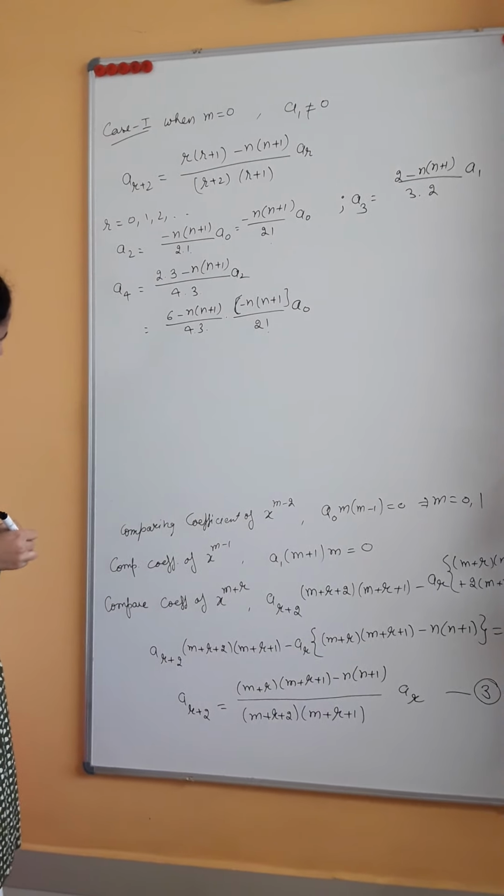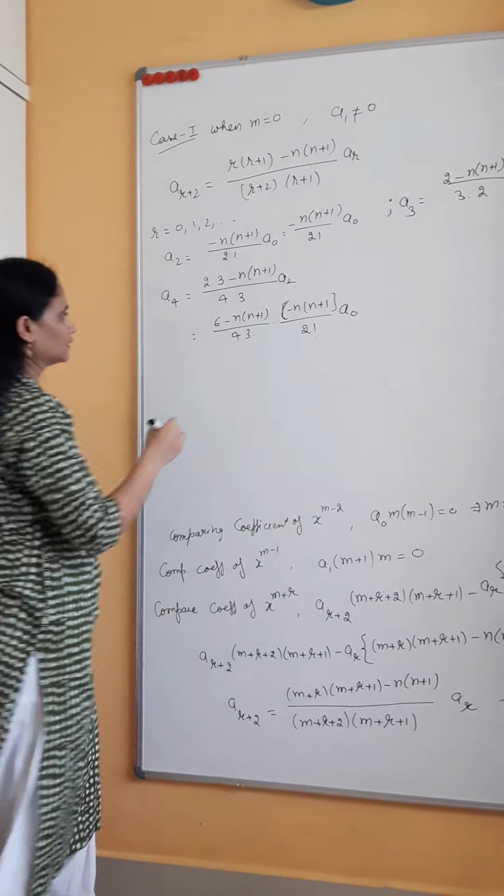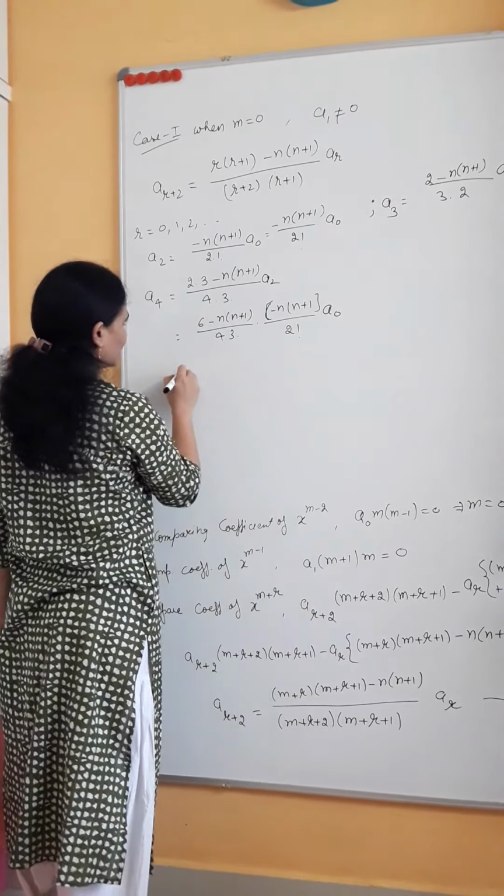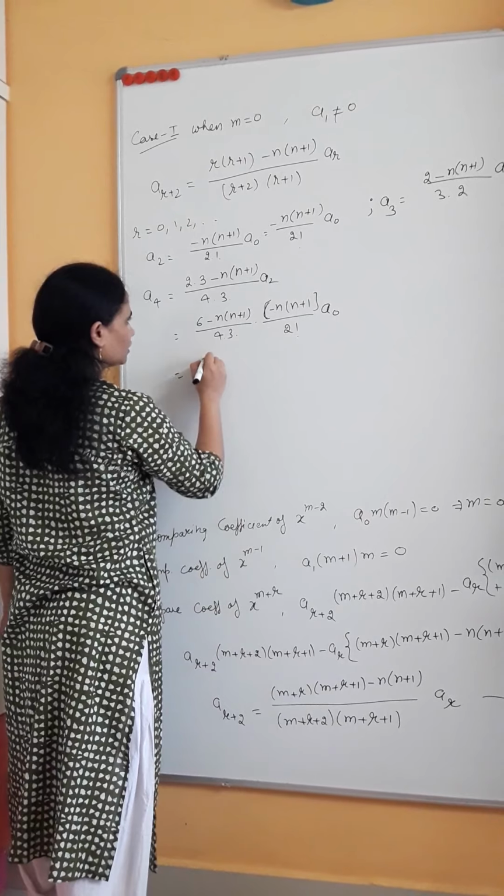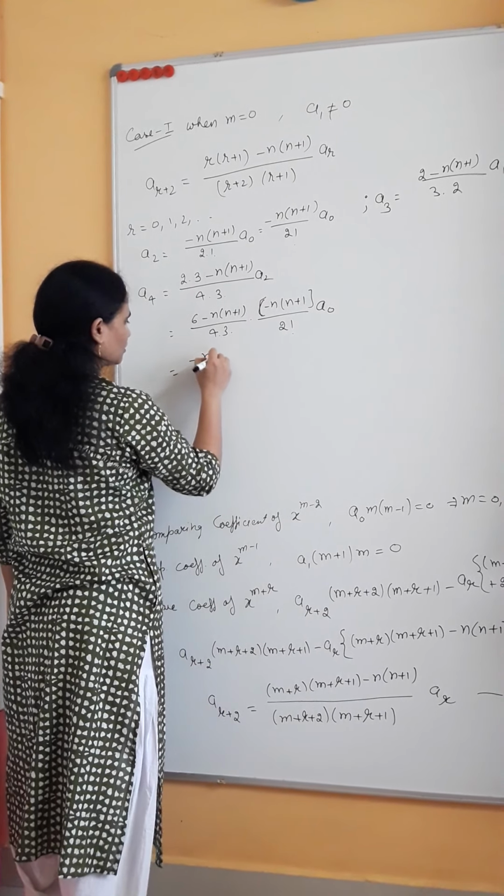So are we able to make this some factorize, or let's keep it like that only? It should have some pattern.